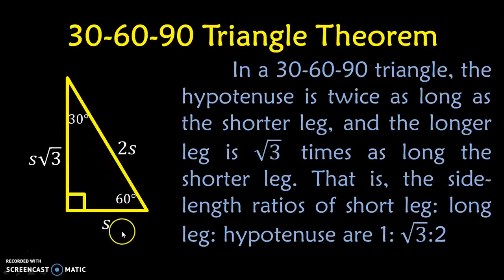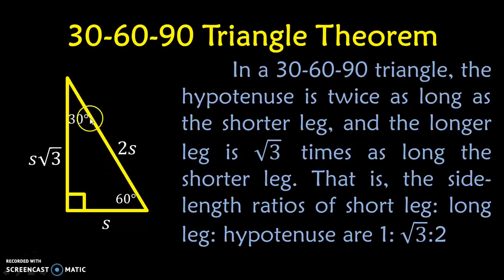If the given is the shorter leg, which is s, we can immediately get the two sides. How? We just multiply by 2 to get the hypotenuse, and we just multiply it by the square root of 3 to get the longer leg.